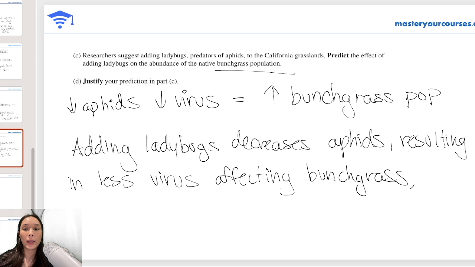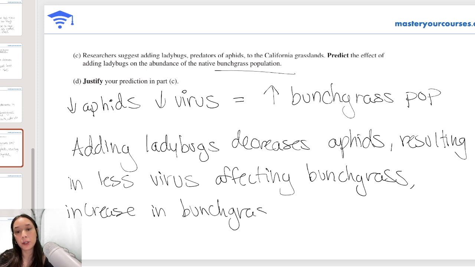You would basically see an increase, specifically they're asking for bunchgrass, so an increase in bunchgrass population. You would probably see a decrease in the wild oat population, but that doesn't need to be mentioned. So an increase in bunchgrass population, and I think that's all you had to say in terms of justifying it. So they would have basically higher fitness, you could say.